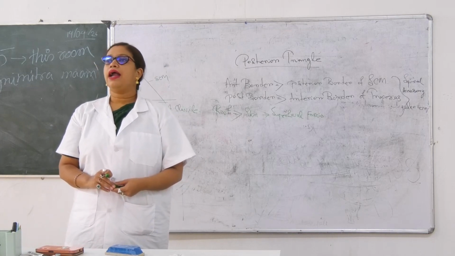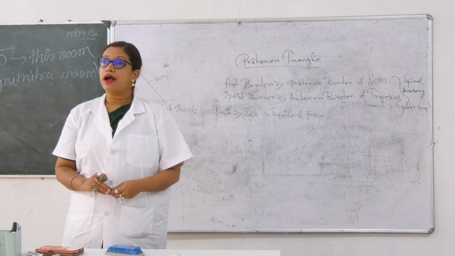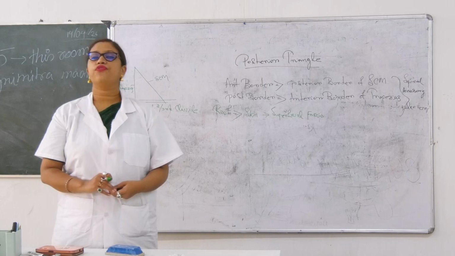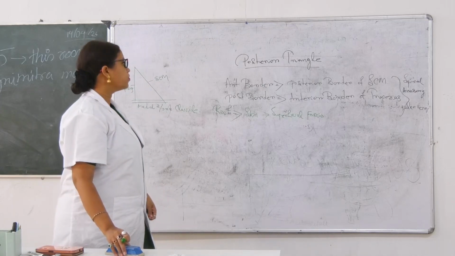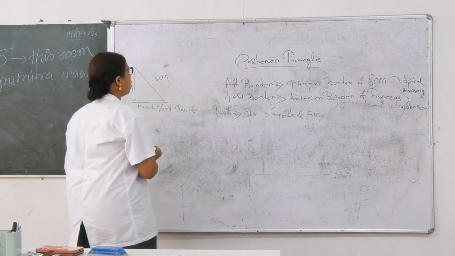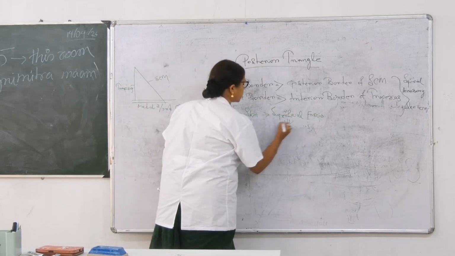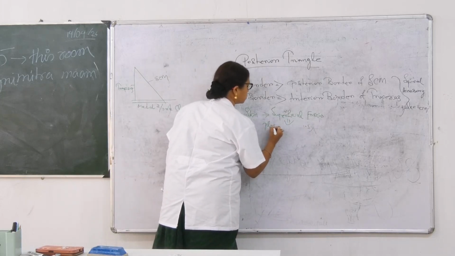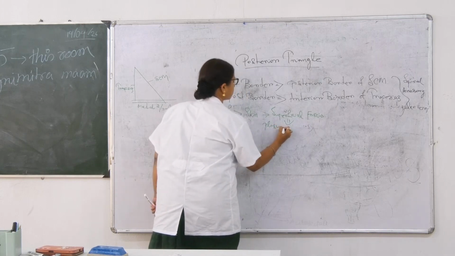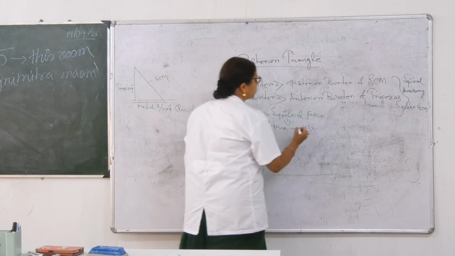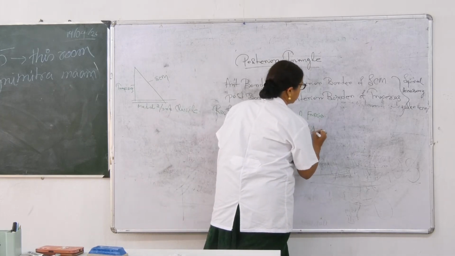Additionally there are four nerves. Write it down. The posterior triangle has lots of contents. If you talk about the superficial fascia, first you will get the platysma. Second, you will get the external jugular vein.